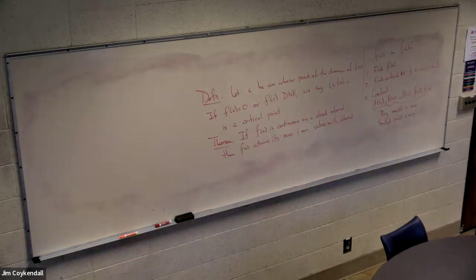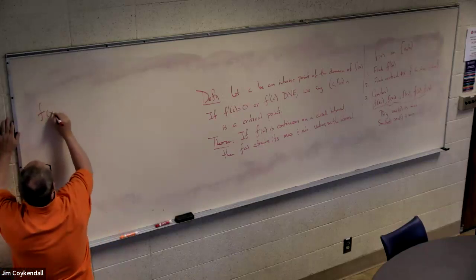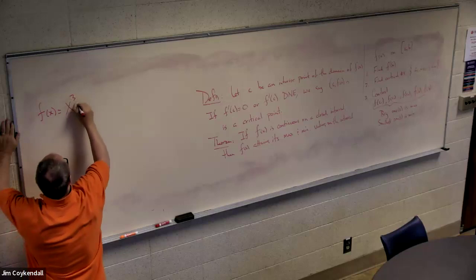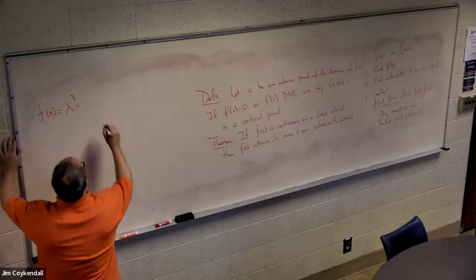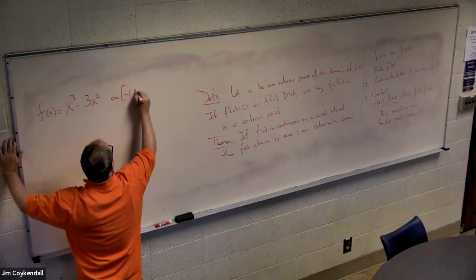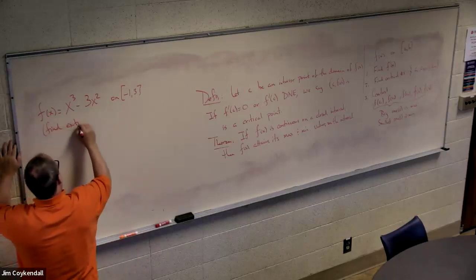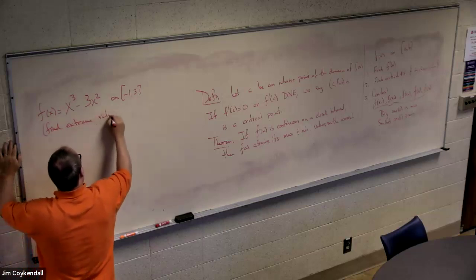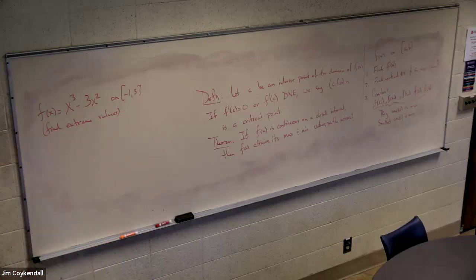So let's start with this example here. Let's look at x cubed minus 3x squared, on the interval from -1 to 3. My instructions on all this will be basically finding extreme values.